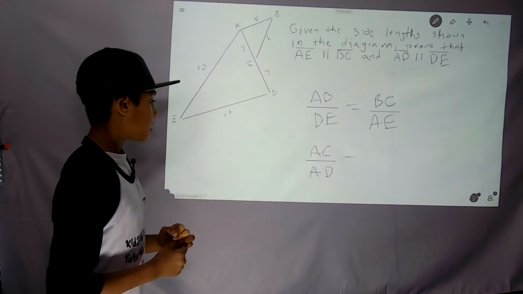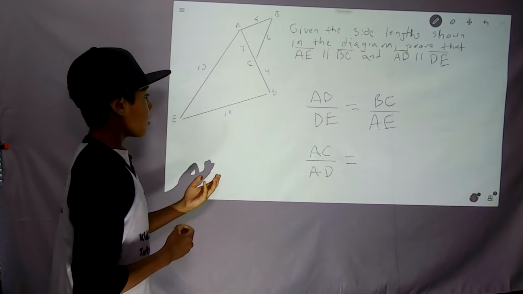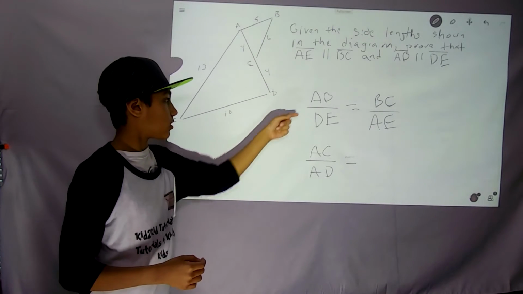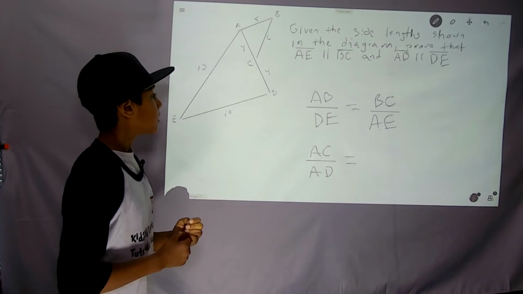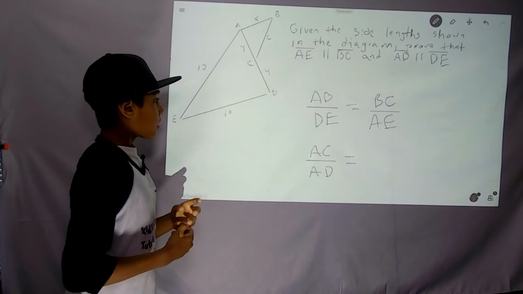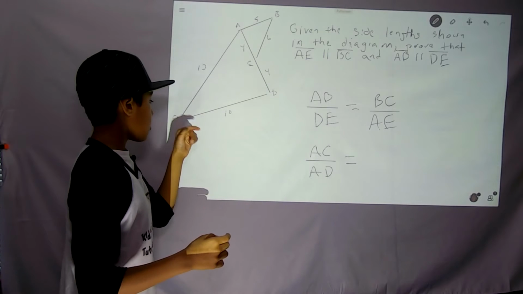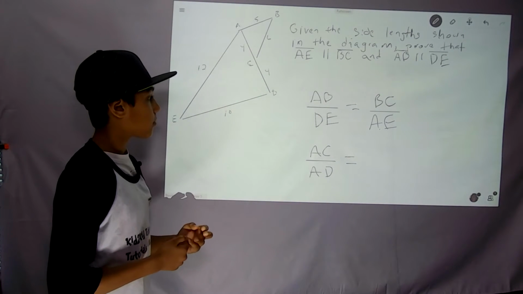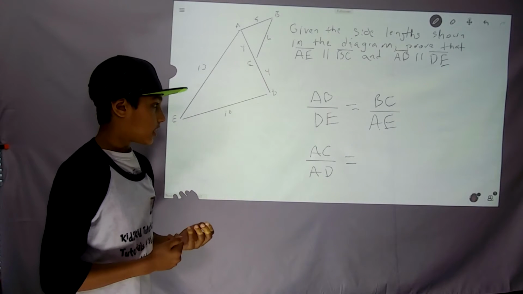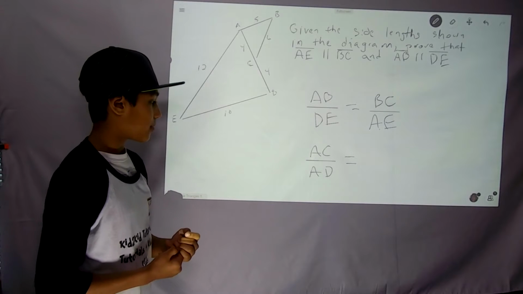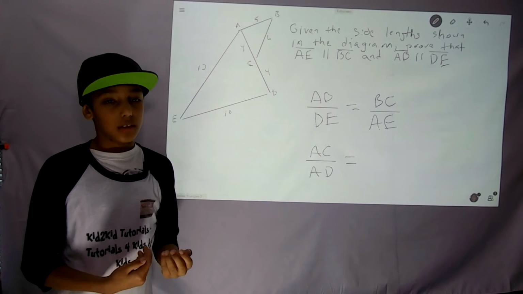So let's try to find the common ratio. We'll use AB and DE since we know all the sides of it. AB is 5 and DE is 10, so we know the common ratio is 1/2. So AB divided by DE is equal to BC divided by AE, which is equal to AC divided by AD, which is equal to 1/2.